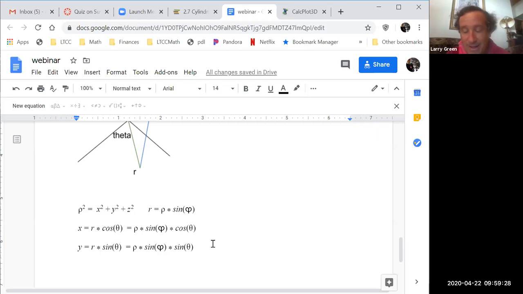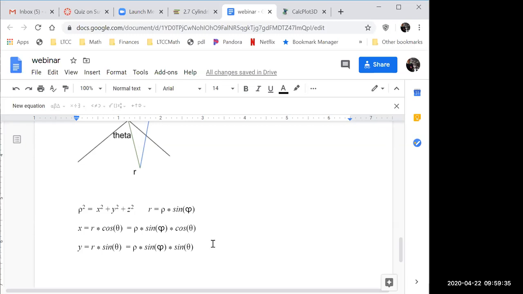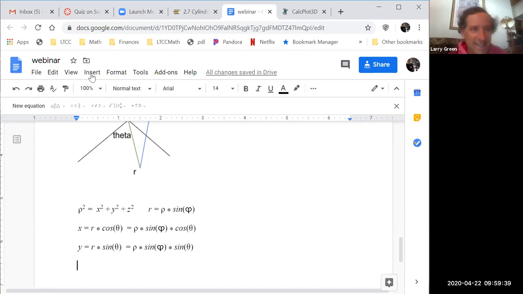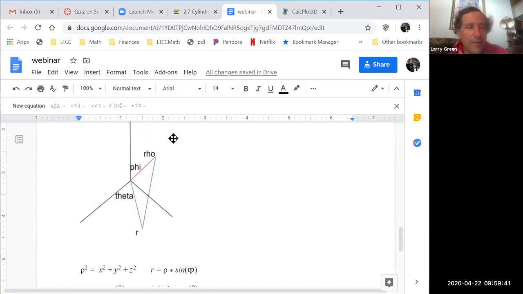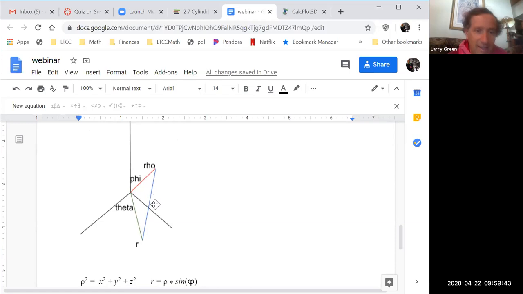Okay, what's the last one I need to do? Z. I have x and y. Okay, so let's do z. Well, if you look over here, z is this blue side. Remember that what we were doing is we were looking at r, but now we don't have to look at r, we can look at the blue side.